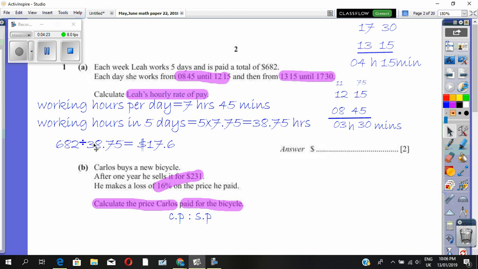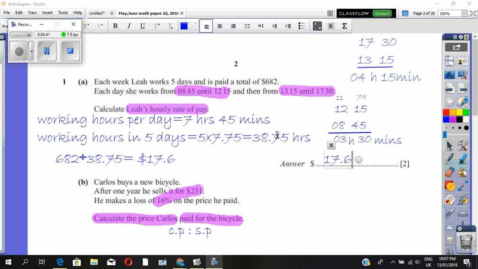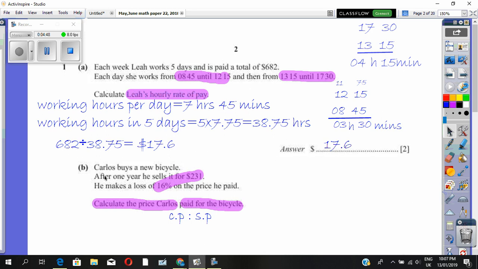We're supposed to divide by the working hours in 5 days to get the rate per hour. It means the per hour rate is $17.6. Okay, $17.6 is her hourly pay.